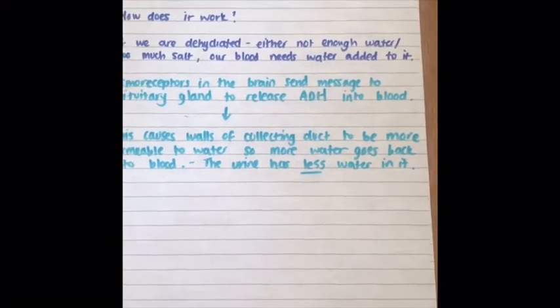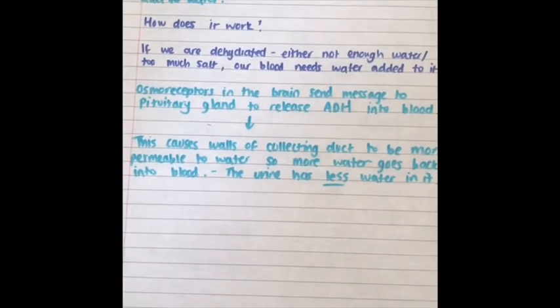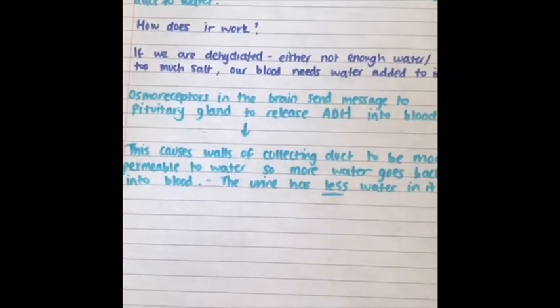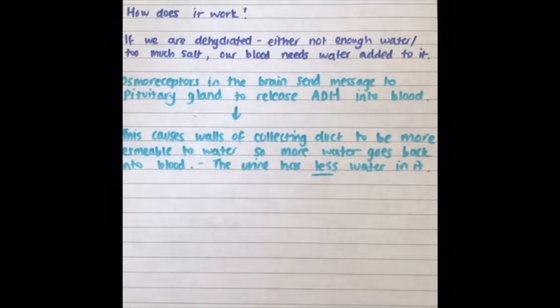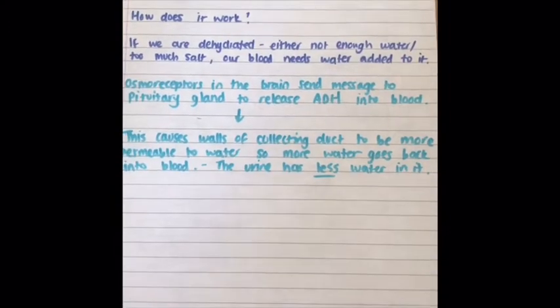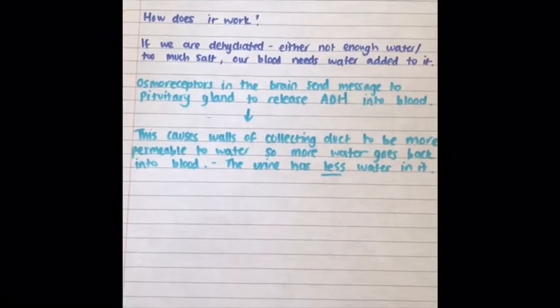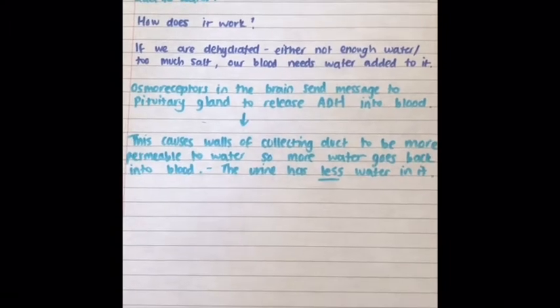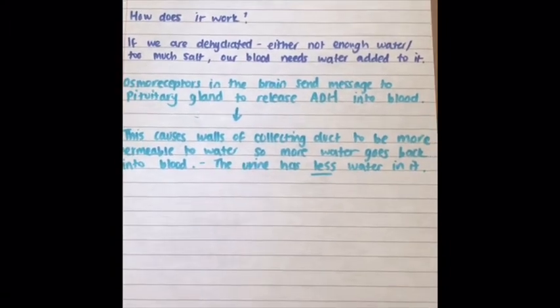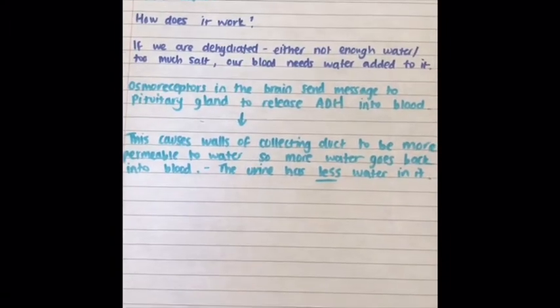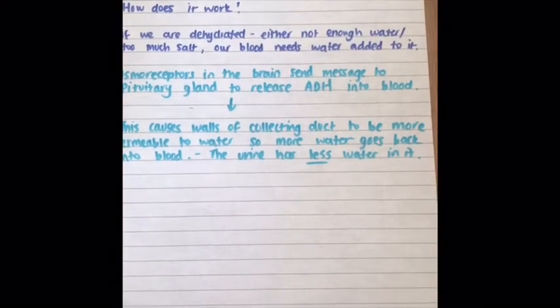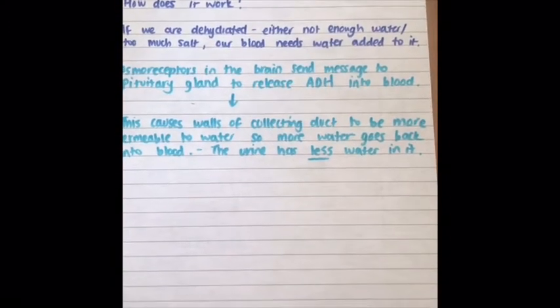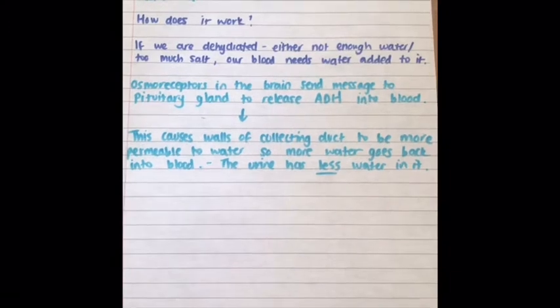How does it happen? We have osmoreceptors in our brain, which can detect if our blood is too concentrated and hasn't got enough water in it. So those osmoreceptors send messages for ADH to be made by the pituitary gland. So ADH is released into our blood, and what happens then?